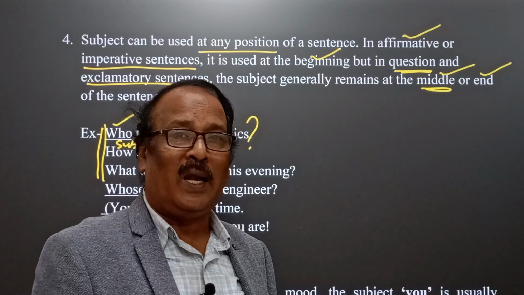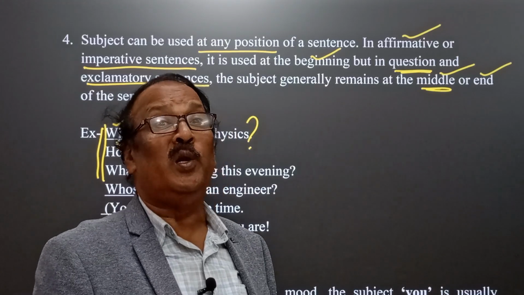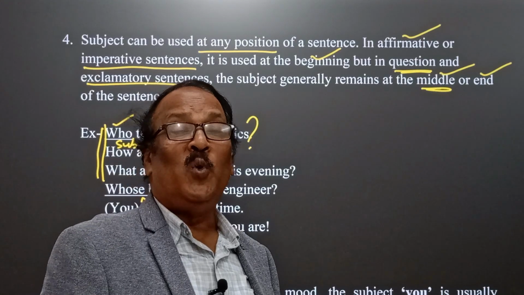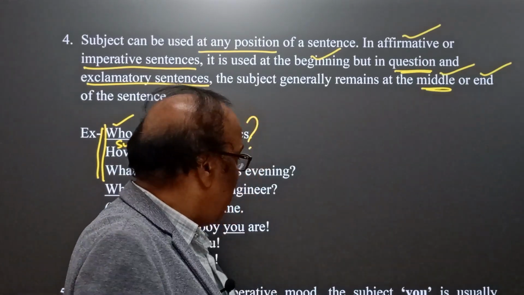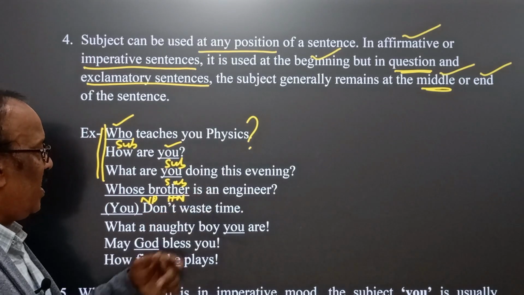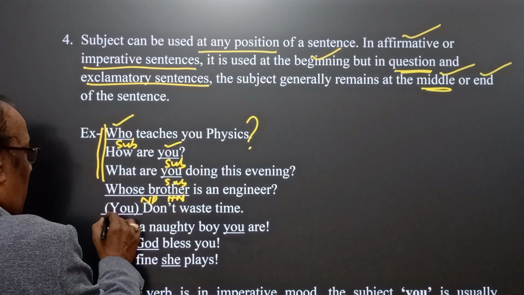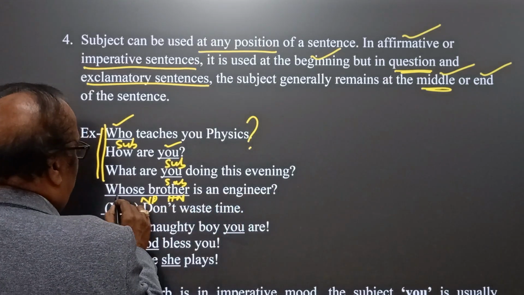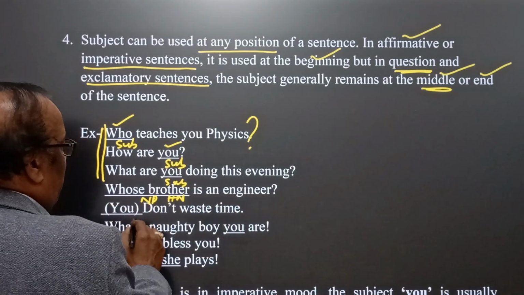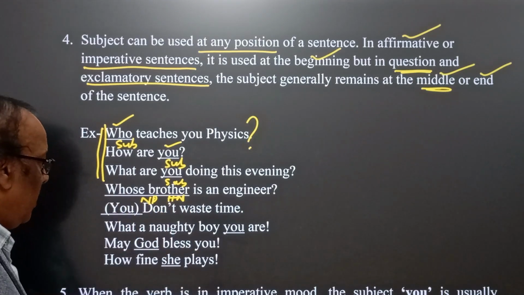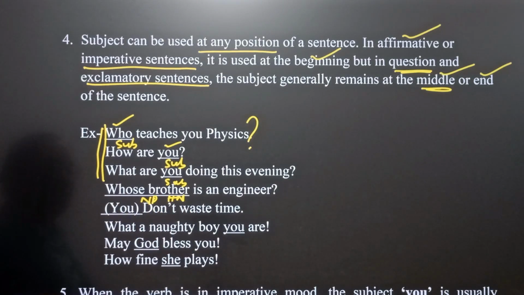Whose, which, what: these are the WH determiners which are used to modify a head noun. Whose brother is an engineer. This is also a question sentence, and the noun phrase whose brother is now at the beginning. The subject position is now at the beginning, and it is a noun phrase.